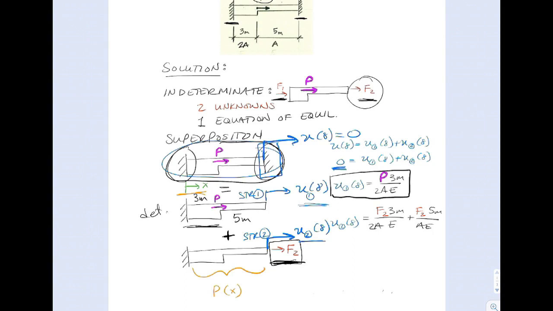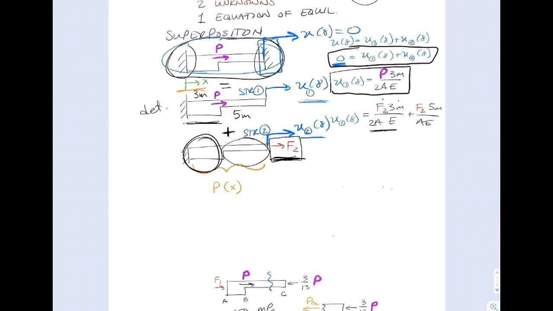Over the first 3 meters I've got F2 times 3 meters over 2AE. Over the last 5 meters, F2 times 5 meters over AE. When I add those two together, I need to get 0. That will very quickly get me a nice answer for F2.